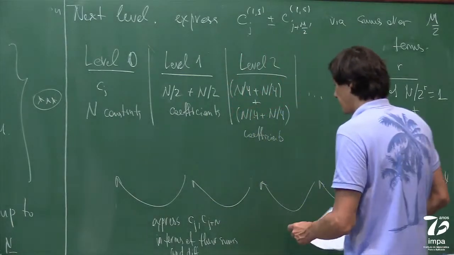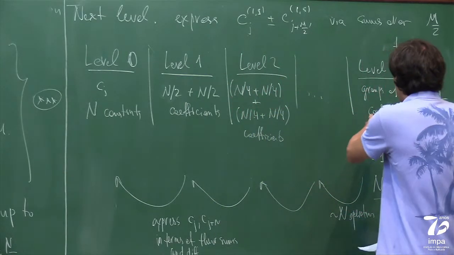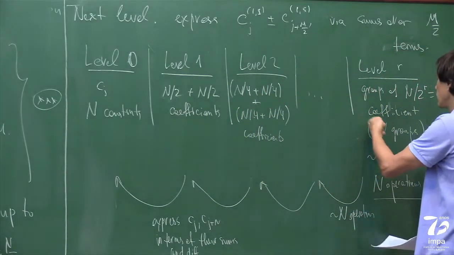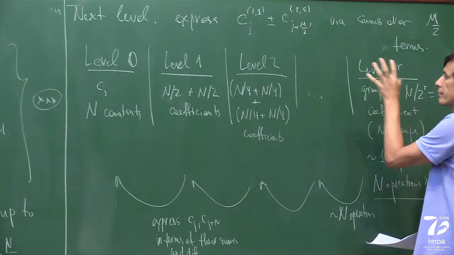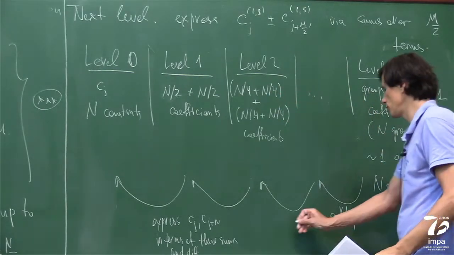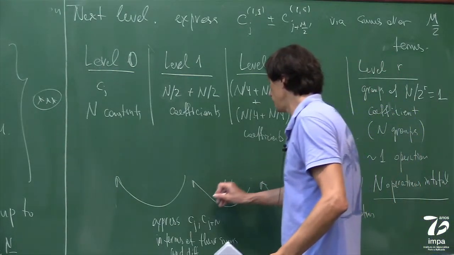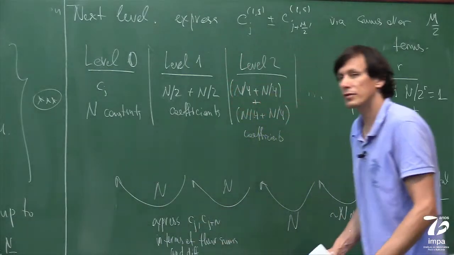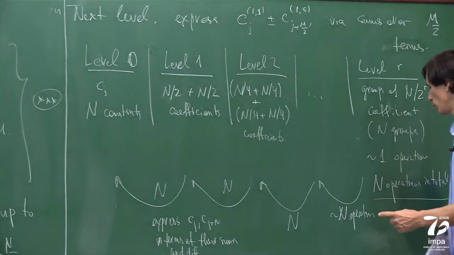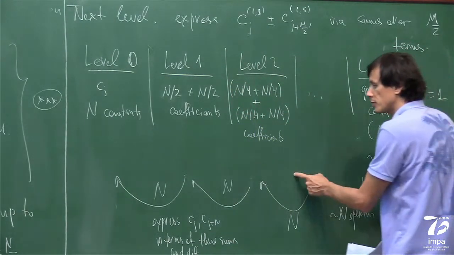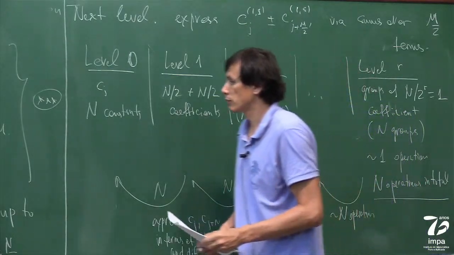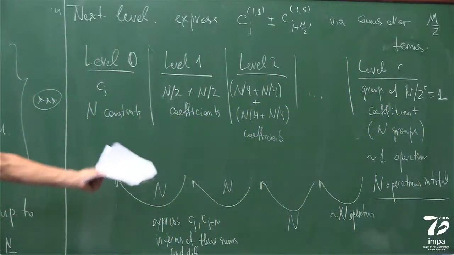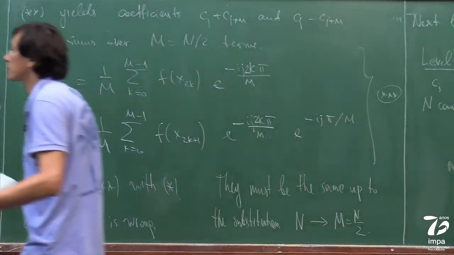And this is for each group, but all together at each level we have n elements, so each of these operations is n operations. So at the end you have n operations per level, and there are log levels. So the total number of operations is n times the number of levels.